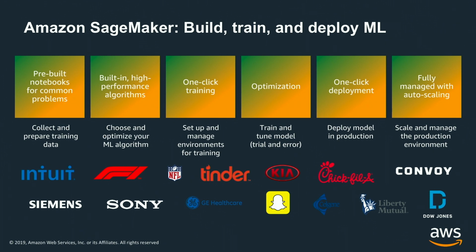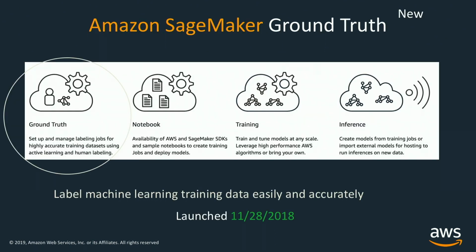And we have built-in high-performance algorithms, which you'll be using today for image classification. And then optimization, all of those things are part of machine learning, not just for data science to experiment, but also to be able to actually productionalize that model, right? So it's a complete end-to-end platform. And ground truth is part of it, right?